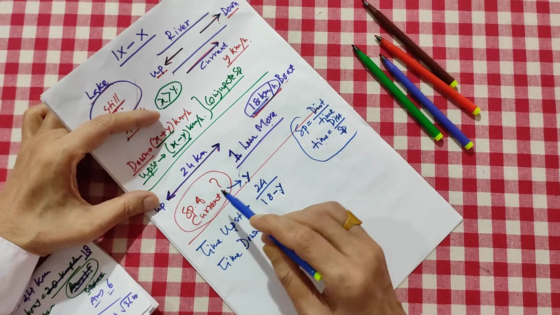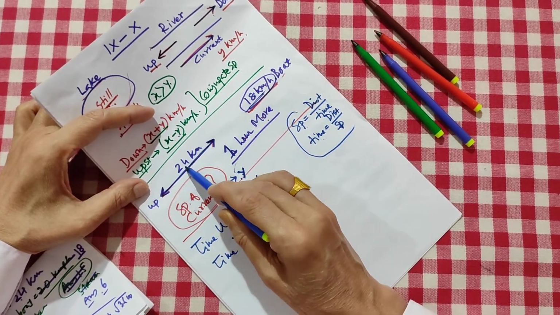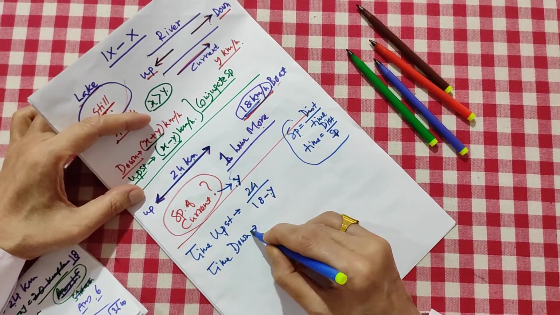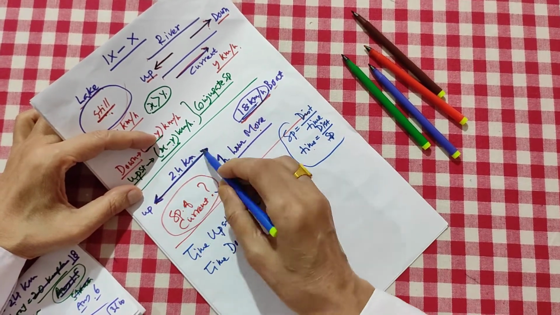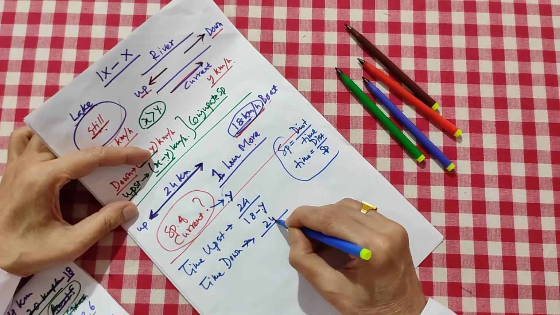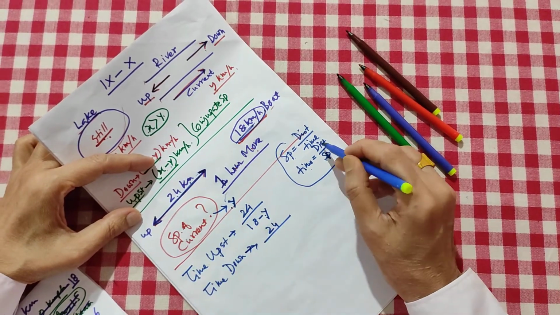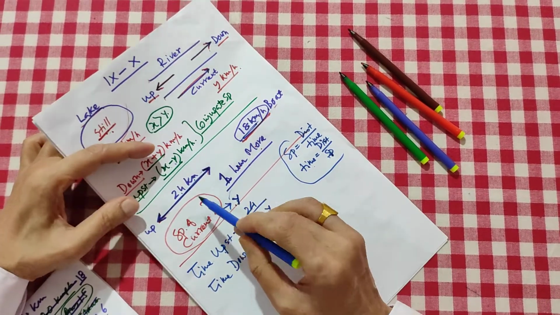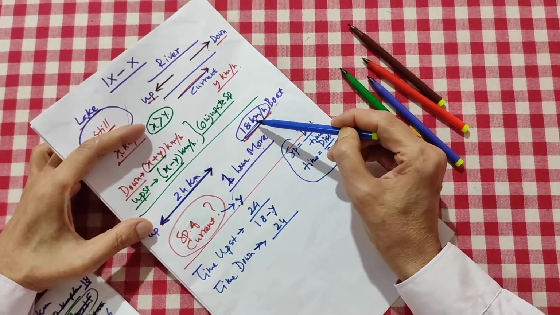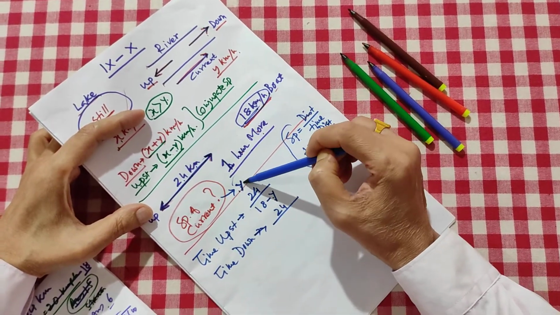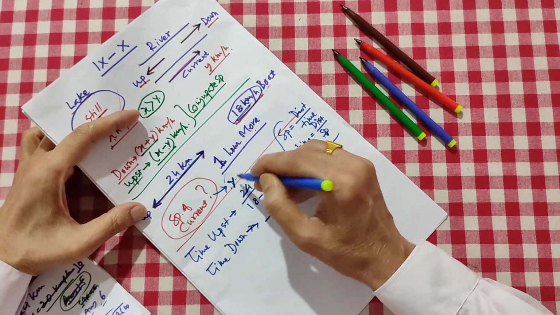Similarly, time taken by the boat to come 24 kilometer downstream will be how much? That will be again distance by speed, 24 kilometer distance by speed. And what is the downstream speed? It will be the sum of these two, 18 kilometer plus y, 18 plus y.